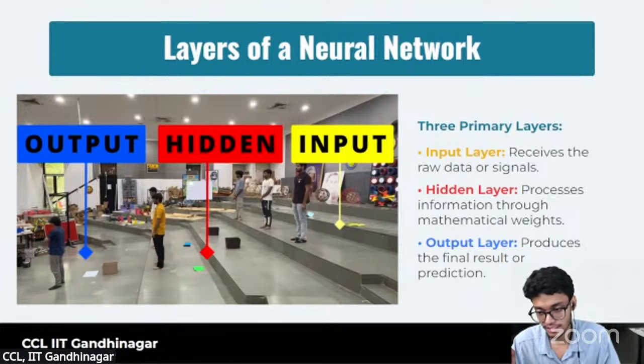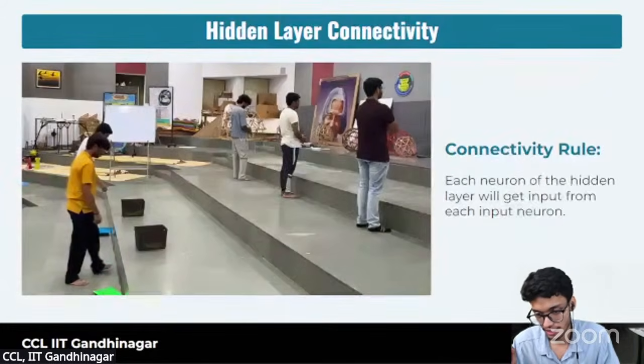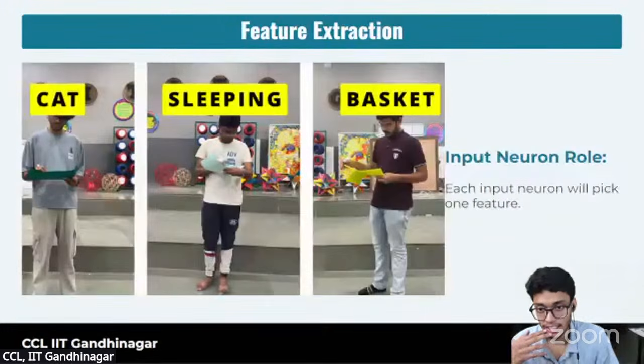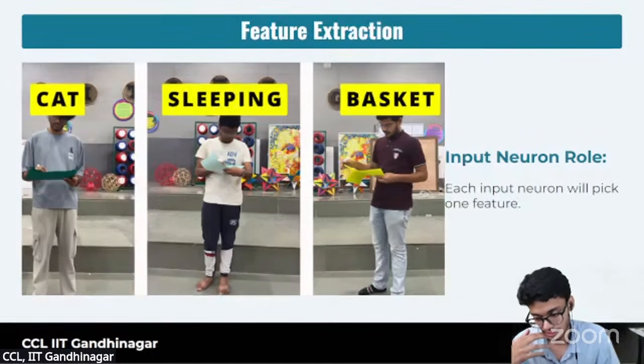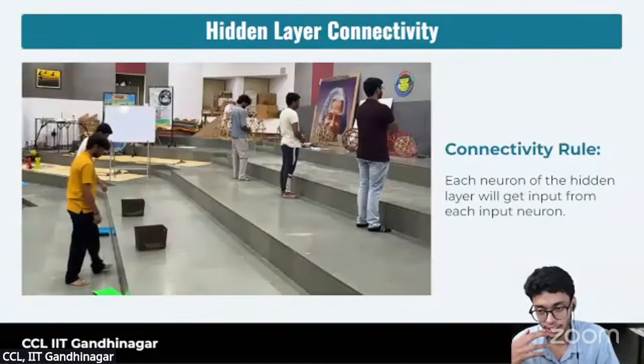Now here is how the hidden layer works. Let's say all three input layers decided: one decided to give cat, one sleeping, one basket. Each hidden layer, there are two hidden layers, will get all three words, one from each input neuron.